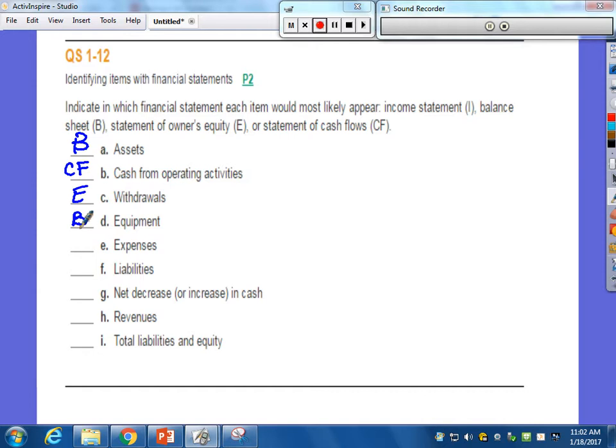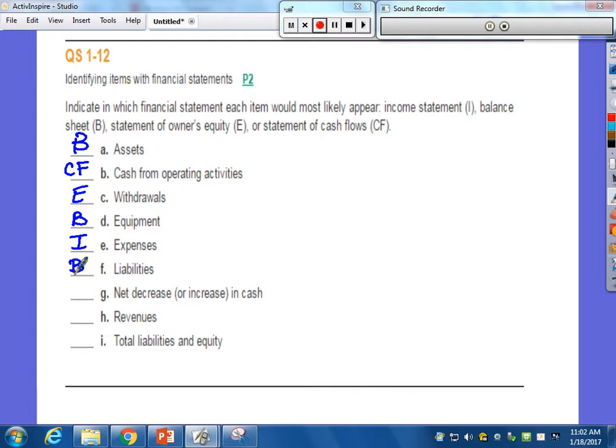Expenses. Income statement. What's on the income statement? Only revenues and expenses. Liabilities. Balance sheet. I don't want to mix them up. Net decrease or increase in cash.